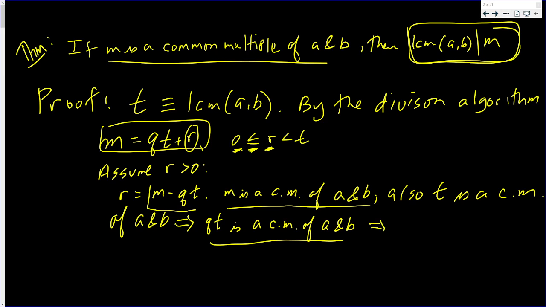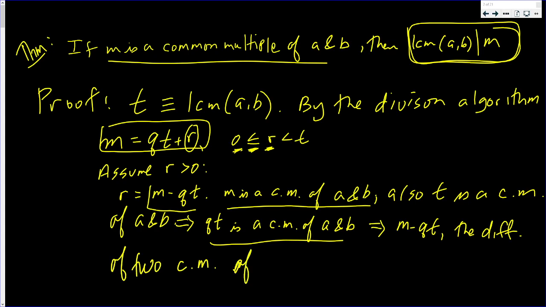But this implies that m minus qt, the difference of two common multiples of a and b, is also a common multiple of a and b.